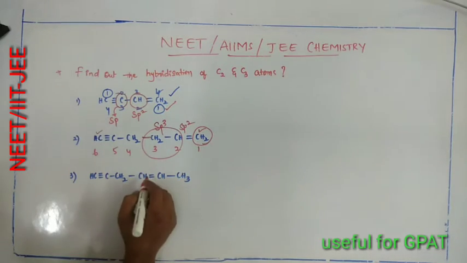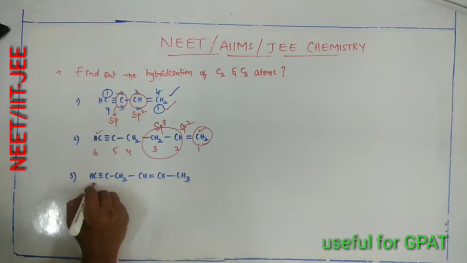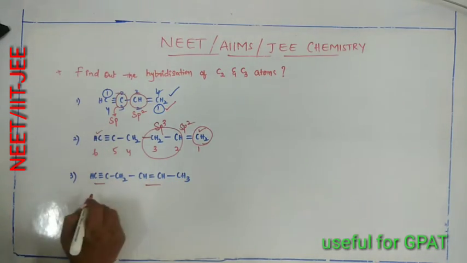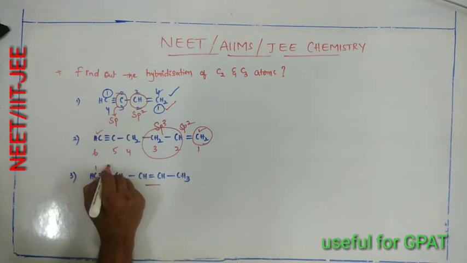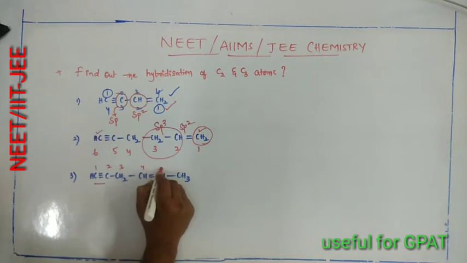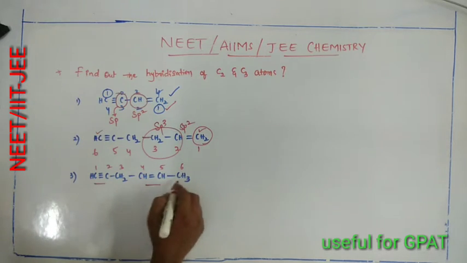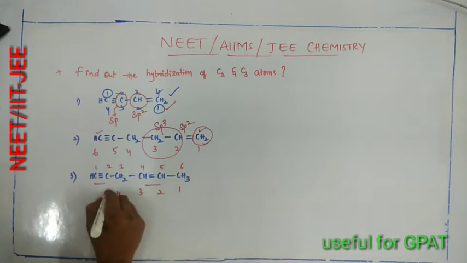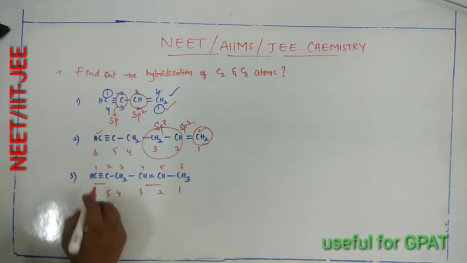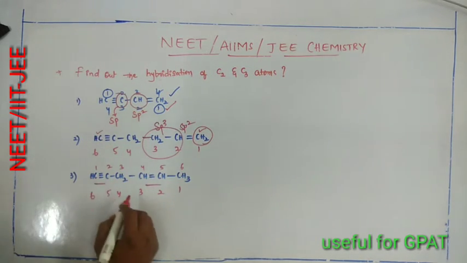In the last one, the double and triple bonds are at different positions. If you start numbering from the LHS, it is 1, 2, 3, 4, 5 and 6, and if you start numbering from the right side, it is also 1 to 6. Here the triple bond is at the first position and the double bond is at the fourth position.